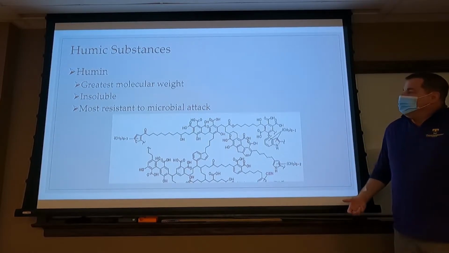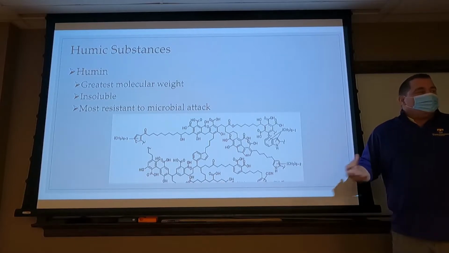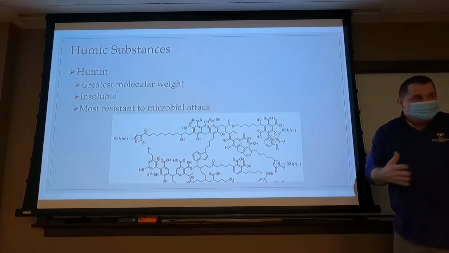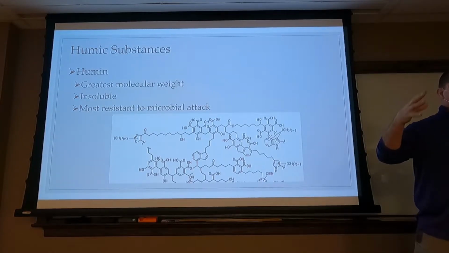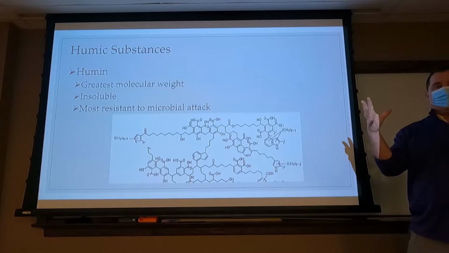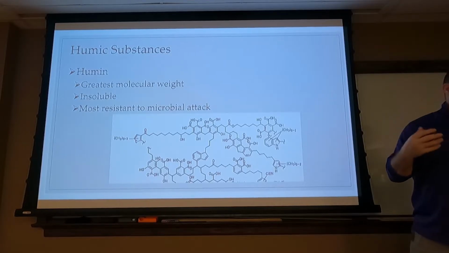Humin is it. You can't differentiate what it came from, where it came from, what created it. It's the combination of all of those things breaking down and then forming some new organic compound.